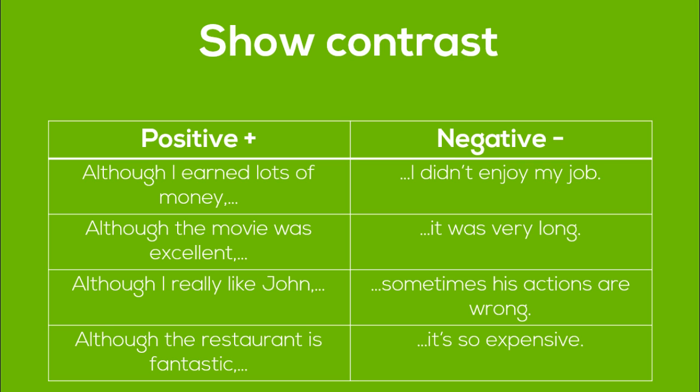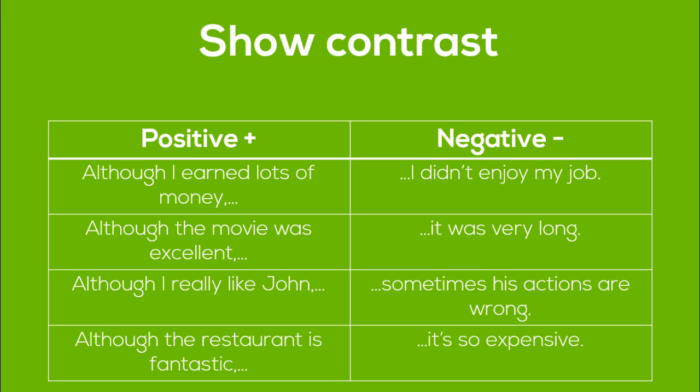Although the movie was excellent, positive, it was very long, negative. Next one. Although I really like John, positive, sometimes his actions are wrong, negative. And the last one. Although the restaurant is fantastic, it's so expensive.